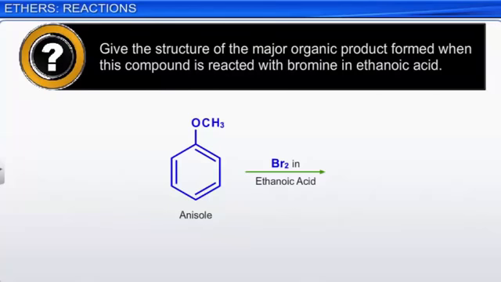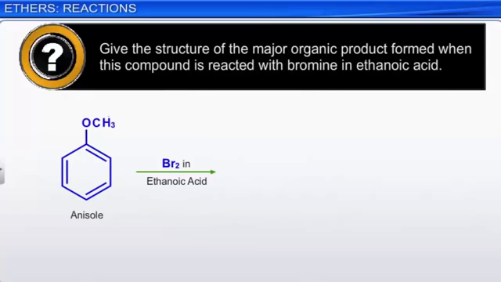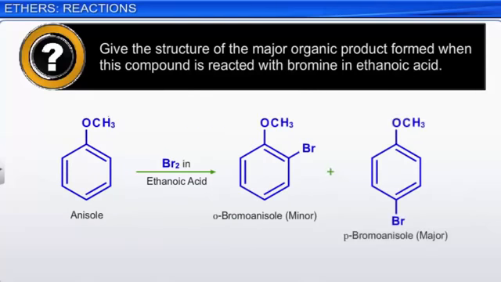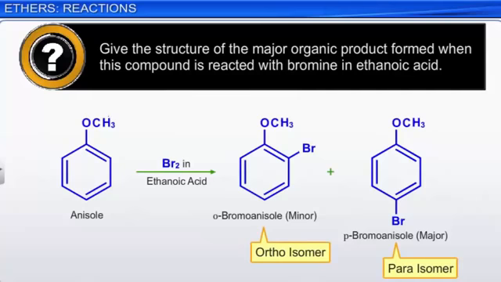The methoxy group is ortho-para-directing. So, both the para as well as the ortho isomers will form. The para isomer is the major product. Hence, para-bromoanisole is the major product.